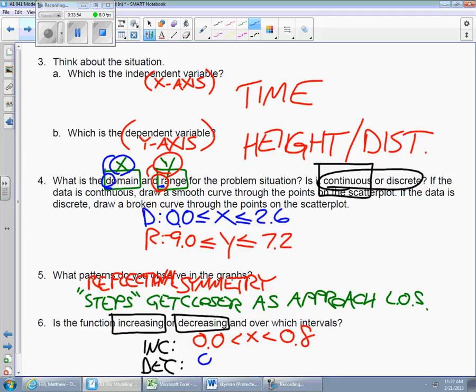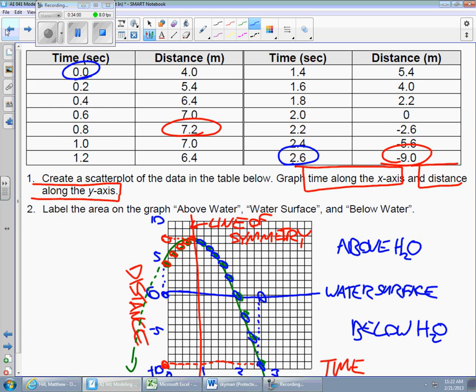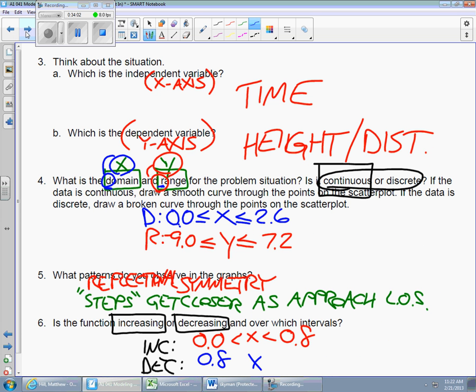So we've got 0.8 on the x-axis, and we've also got 2.6. Once again, at 0.8, nothing is happening. At 2.6, nothing is happening. But in between 0.8 and 2.6, that's where we have the decreasing part of the graph.